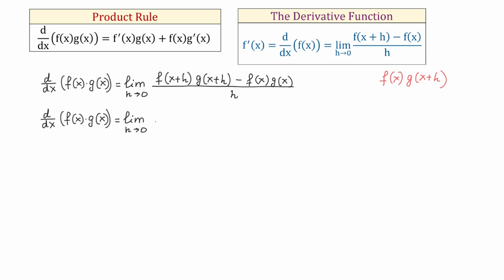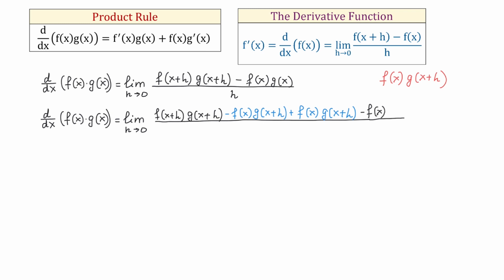So here we have the limit, and now we will start a fraction bar, and in the numerator we will bring down f(x+h) times g(x+h), and now first we will subtract the quantity f(x) times g(x+h), then we will add the same quantity. Then we will bring down minus f(x) times g(x), all over h as h approaches 0.